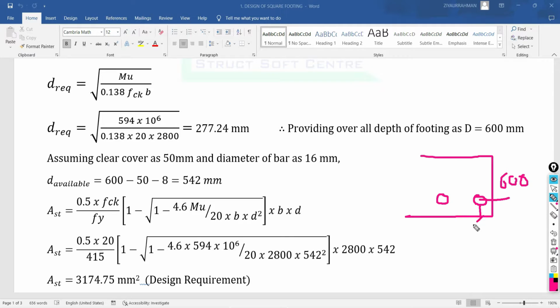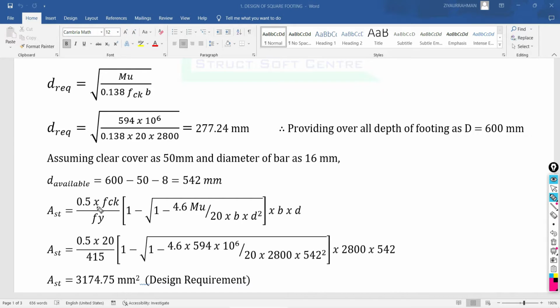So clear cover is 50, then half of the diameter of bar. So 600 minus clear cover 50 minus half of the diameter of bar. Diameter of bar we have considered as 16, so that is going to become 8, and the total effective depth available will become 542 mm.